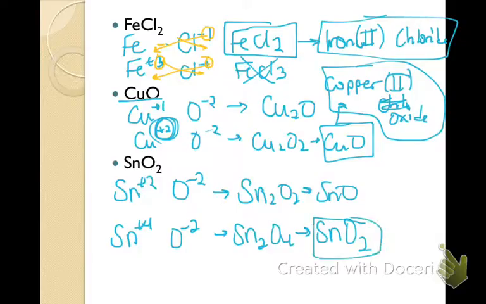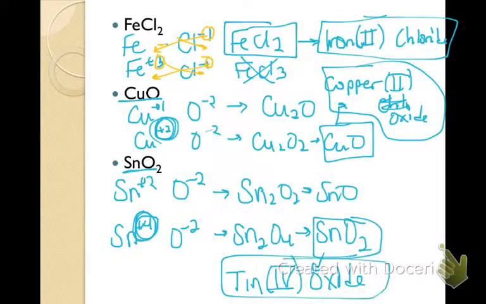So this one is the one that matches up with our original problem. So we'll write tin, Roman numeral 4. Tin 2 oxide, no, excuse me, tin 4 oxide, because that 4 is representing which oxidation number it was.